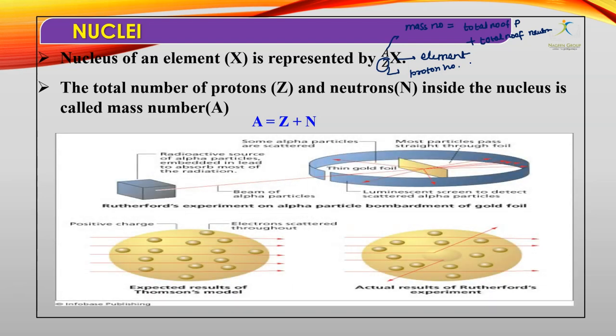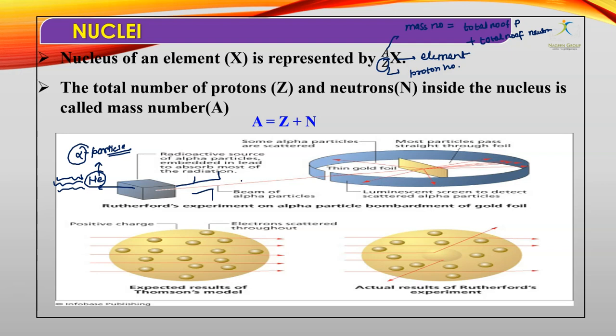And this is the Rutherford experiment, the alpha particle scattering experiment. In this particular experiment, we take a radioactive source of helium nuclei. Helium nuclei are nothing but alpha particles. When the source is heated, alpha particles start to eject from it.